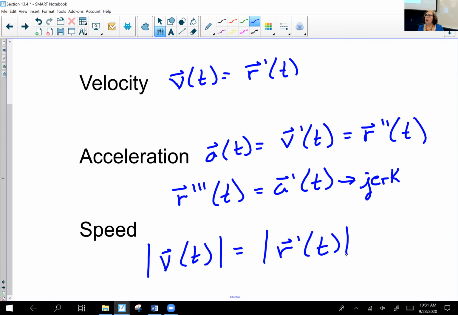I like to think the best of people, so maybe what he was trying to tell you is the fact that speed is never a vector, because speed doesn't have direction. So speed will also just be a scalar unit or a number.